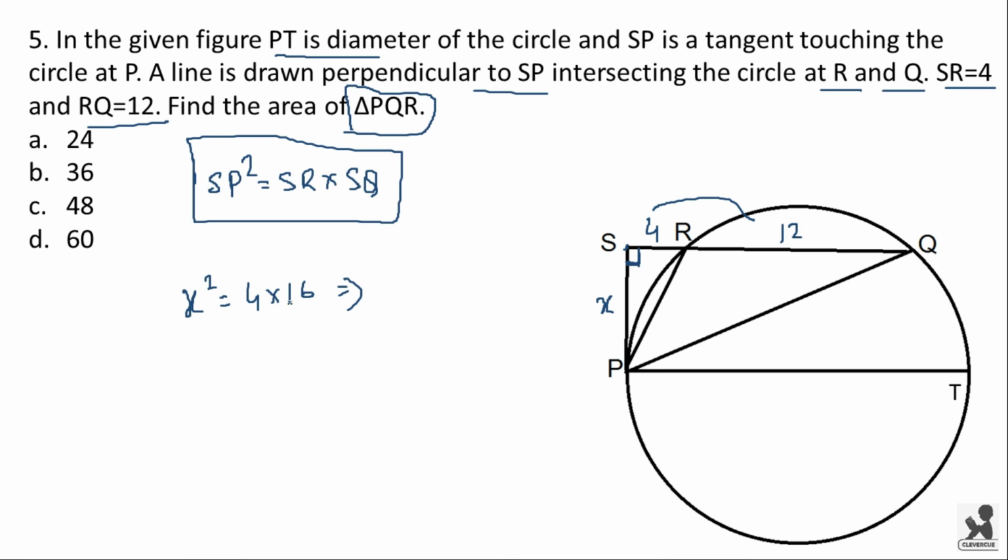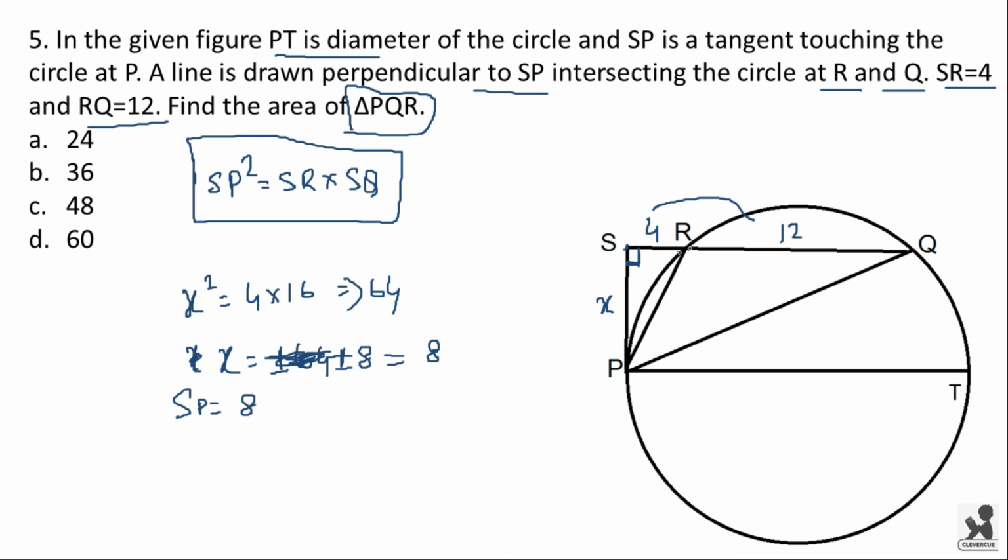Now 4 into 16 is equal to 64. The value of x will be plus or minus 8, and since the value has to be positive, we will take only the positive sign. So the length x, that is SP, is equal to 8.